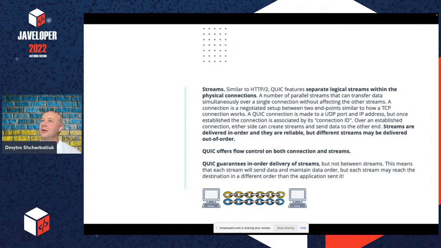If one message from one stream gets stuck in a row, the other, second message can be delivered successfully. QUIC guarantees in-order delivery of streams. TCP guarantees in-order delivery of packets, but QUIC guarantees in-order delivery of streams, while data between streams can be sent asynchronously.